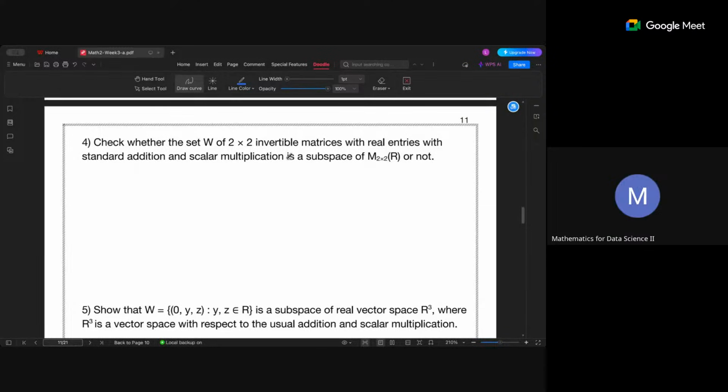Okay, so can you try this yourself? Check whether the set of all 2 by 2 invertible matrices with real entries, with usual addition and scalar multiplication, is a subspace or not. Everyone try it yourself.